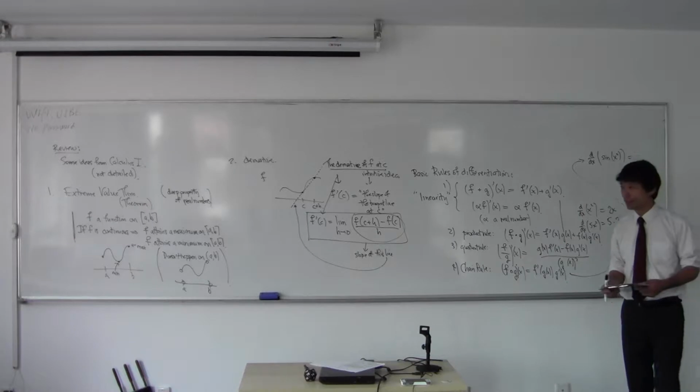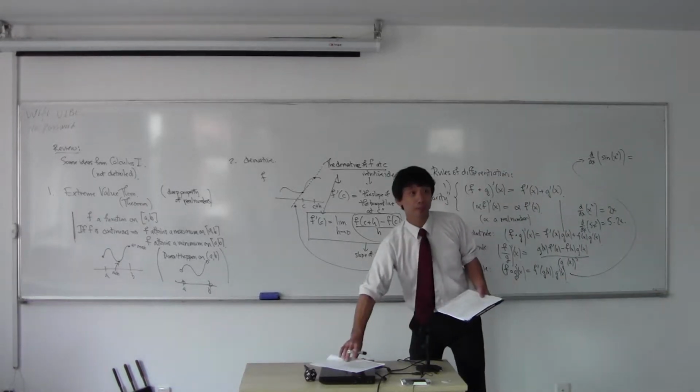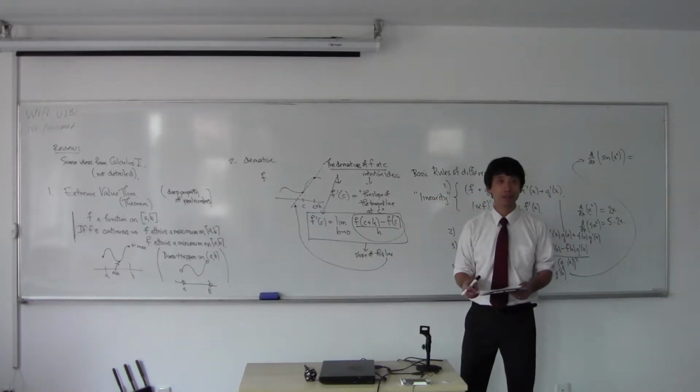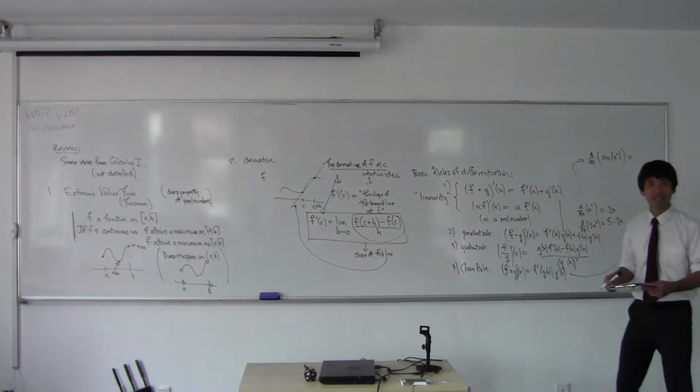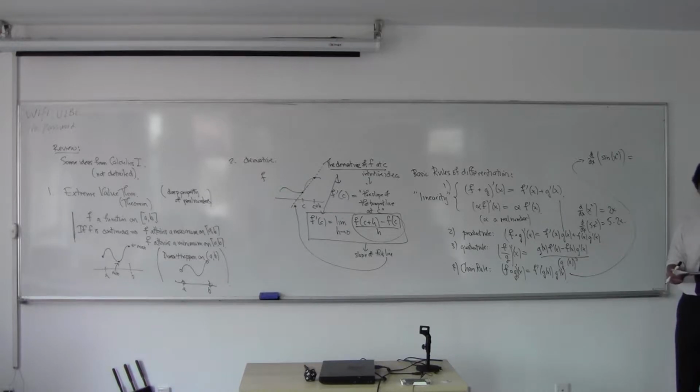Okay, so what's the answer? Who would like to tell me what the answer is? I'm going to choose Jin Xiaojing. Who is Jin Xiaojing? Oh, that's you. Okay, you don't know? That's all right. I'm going to choose somebody else.